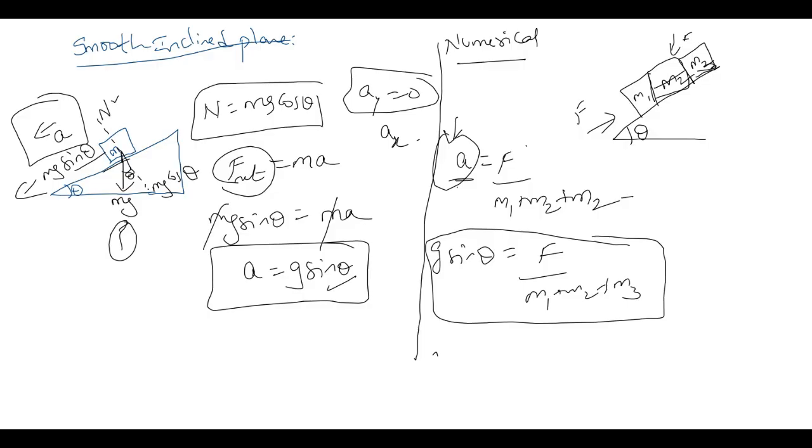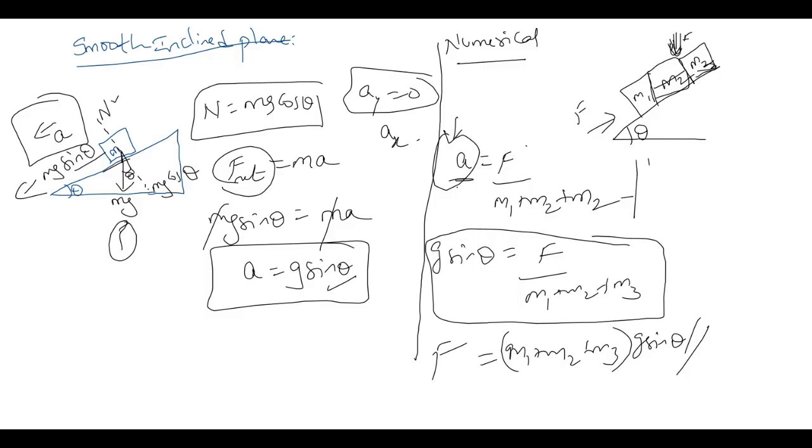Clear? So from this, what is the force with which it comes down or it will move up? That is equal to M1 plus M2 plus M3 into g sin theta. Okay. If I want the force between these two, what is the formula I should apply?